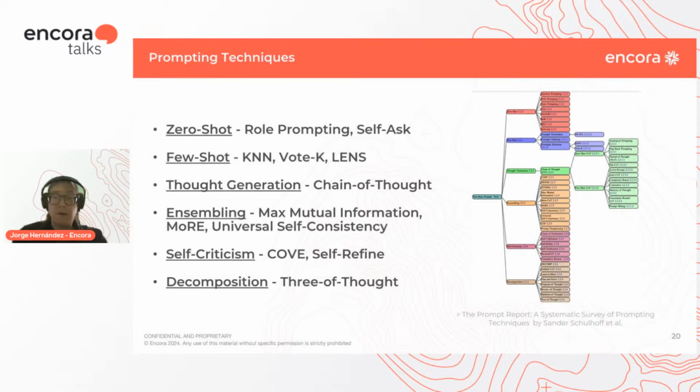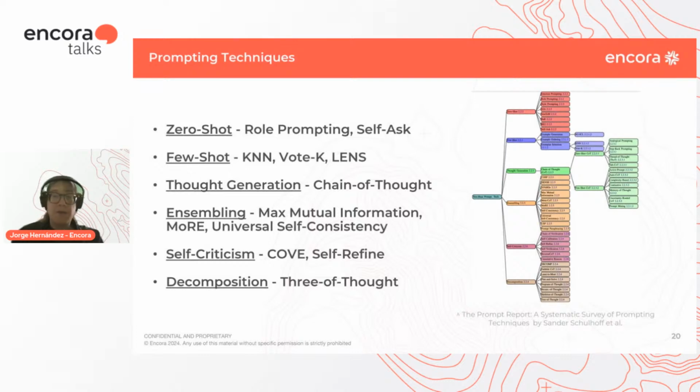Everyone, I think, has heard of chain of thought, but that actually branches out in both zero shot and few shot techniques. And there you have stuff like contrastive chain of thought, uncertainty-routed chain of thought, and prompt mining. So you get a ton of different techniques there.